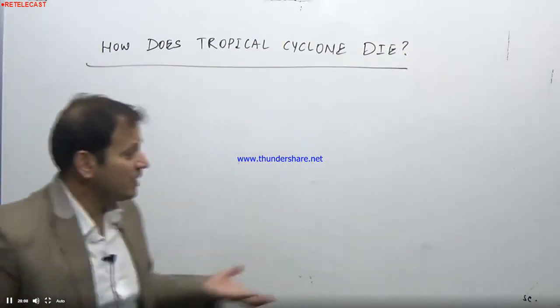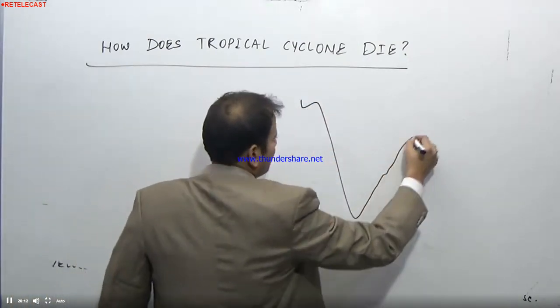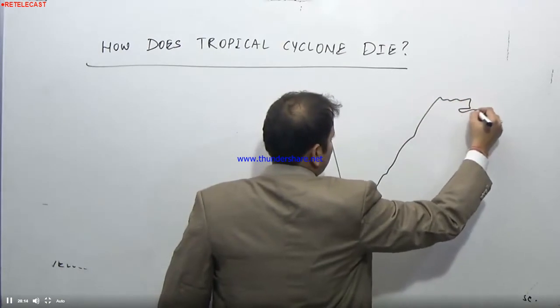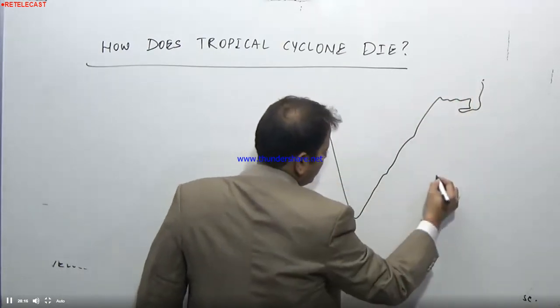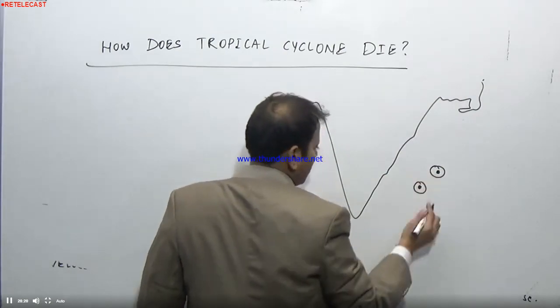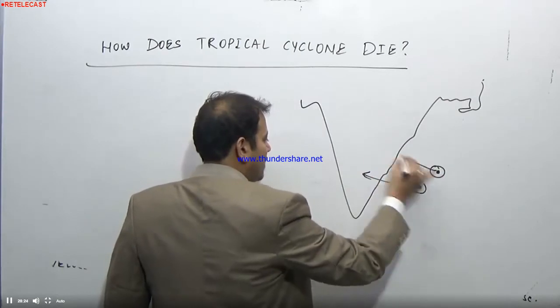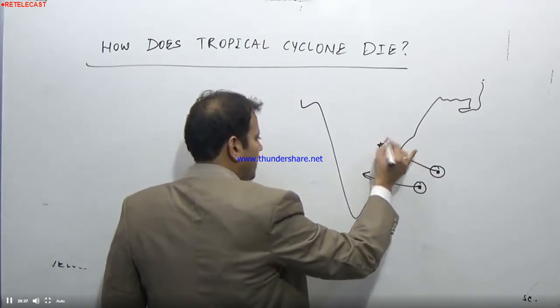As I told you, if this is an Indian part, we will take the month of September, the Indian part is hit by the tropical cyclones which originate mostly over the Bay of Bengal. Now they travel in the easterly direction and they come and hit the eastern coast of India.